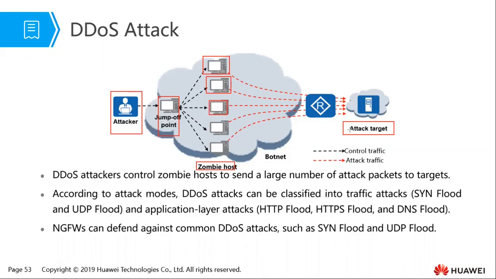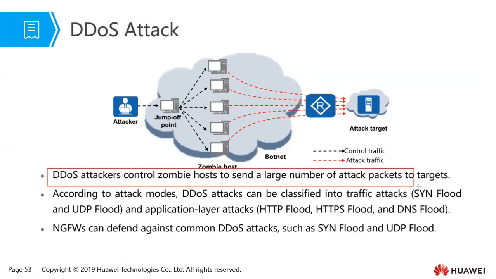When this happens, network services might deteriorate or become unavailable completely because of massive congestion in your network. So DDoS attackers control zombie hosts to send a large number of attack packets to targets.